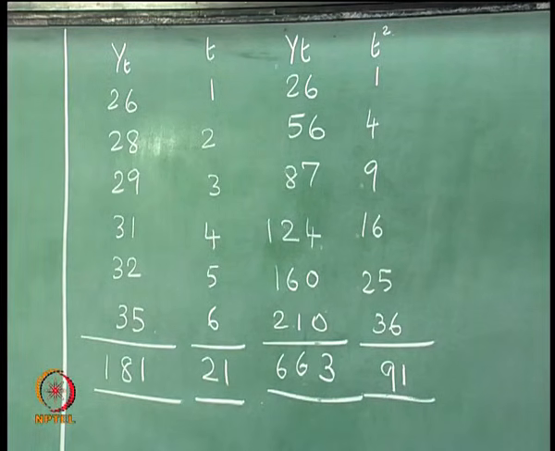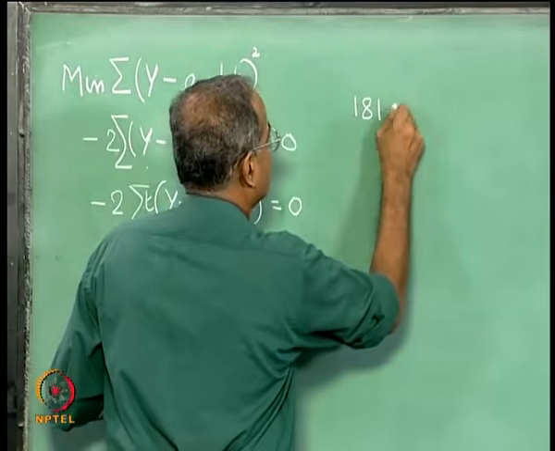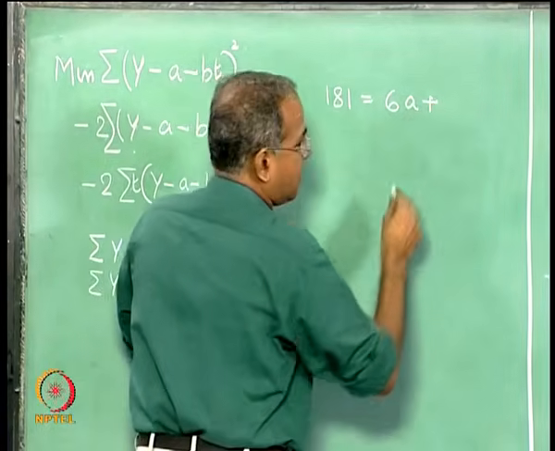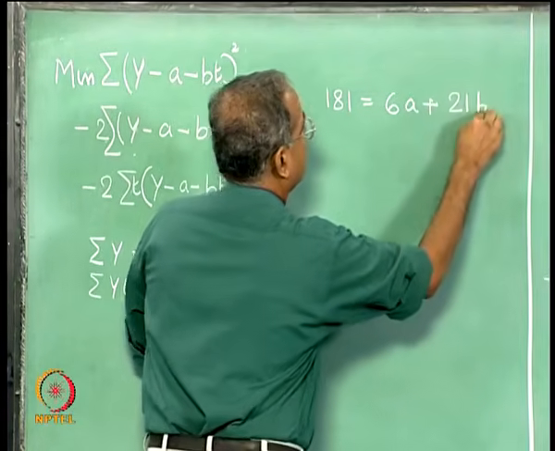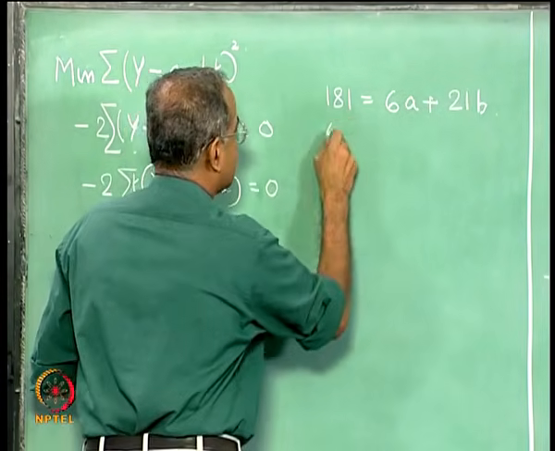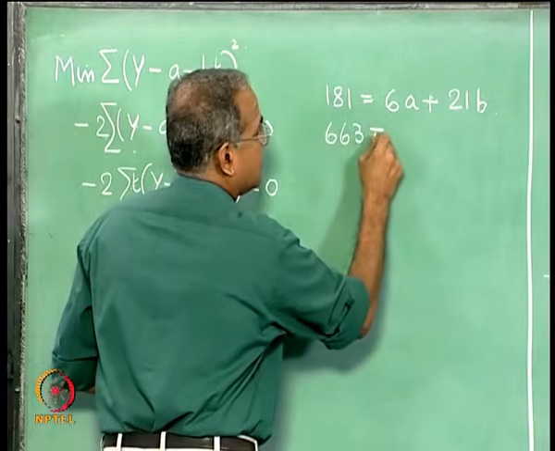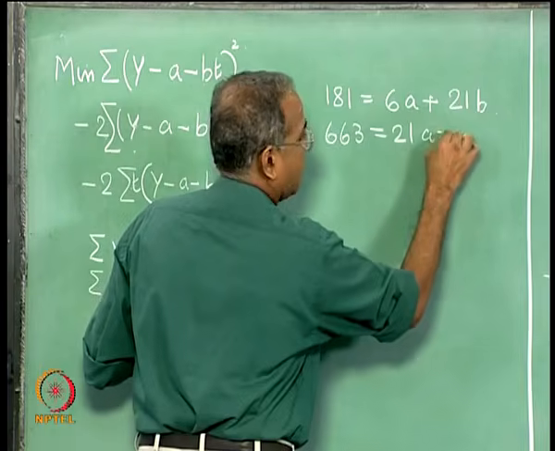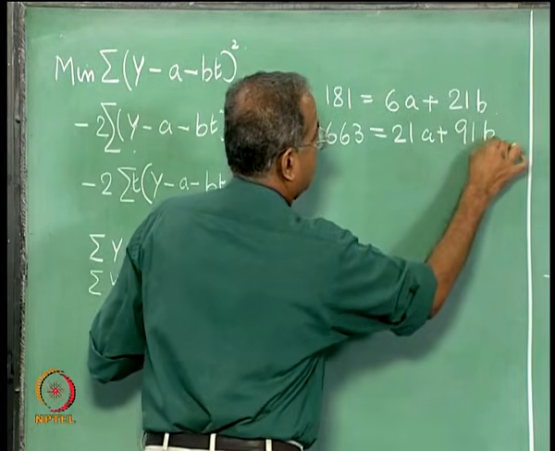So now these two simultaneous equations become: sigma y 181 is equal to Na, 6a plus b sigma t, 21b, and 663 is equal to a sigma t, 21a plus 91b.